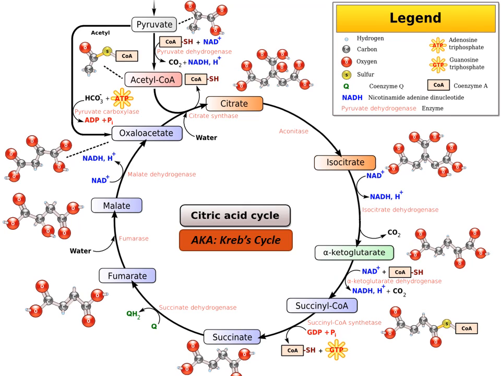So yeah, this one is a bit more complicated, but I still like it because it does a really good job of showing you exactly the shapes of those molecules and how they transform throughout this process. If we look at the very top of the process, from glycolysis, we end up with the pyruvate, which is pyruvic acid, and you can see it has 1, 2, 3 carbon atoms attached to it.